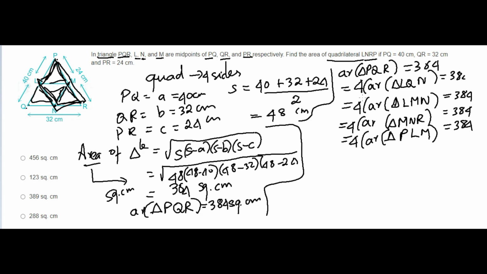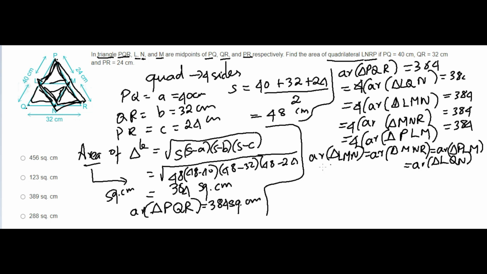So now you have to find the area of the triangle LMN. The area of triangle LMN is equal to, because I'm just cancelling the 4 and 4 everywhere, area of triangle MNR, that's equal to area of triangle PLM, that is also equal to area of triangle LQN.